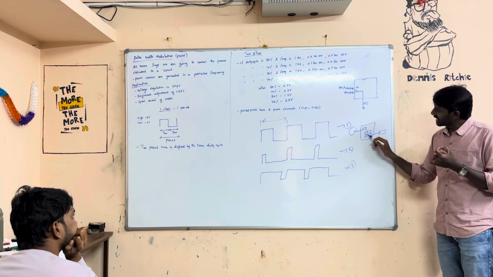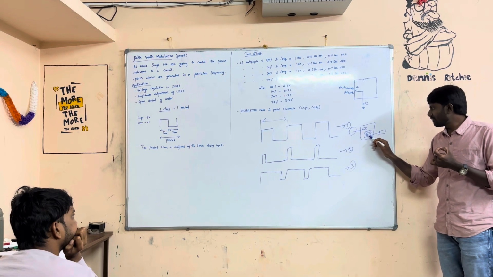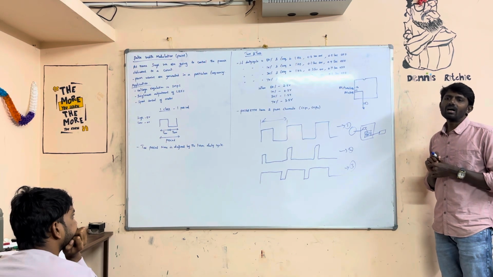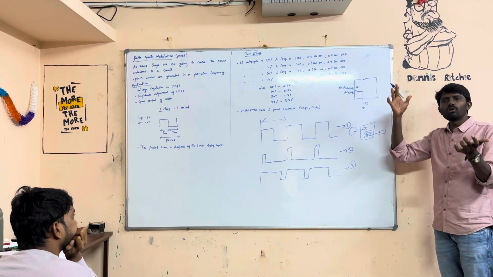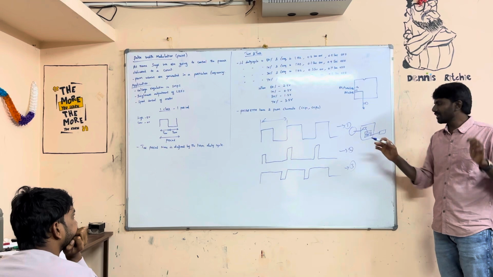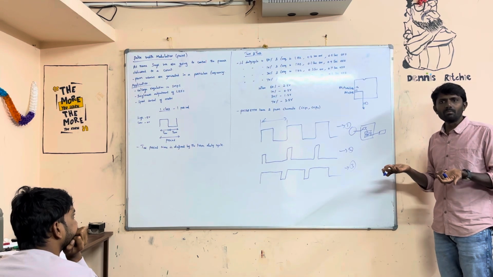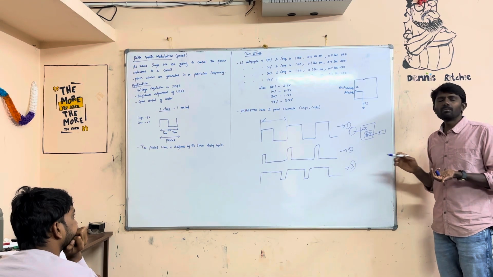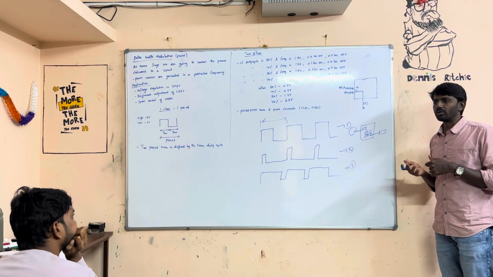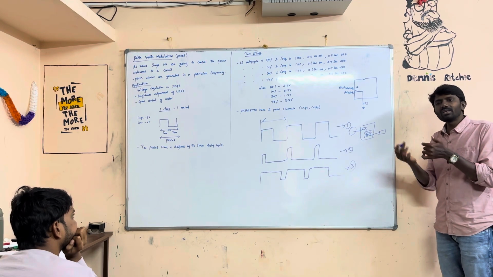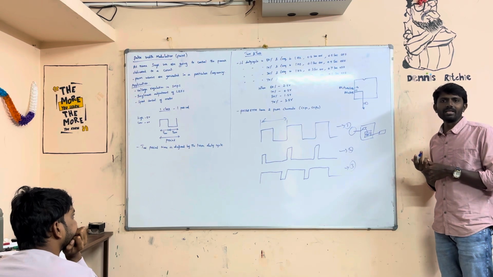Today we give a 10-bit value and it is converted to an output voltage. If you give the maximum number, the output voltage will be the maximum voltage. If you give the minimum number, the output will be the minimum voltage. Anything in between, the output voltage will come accordingly.